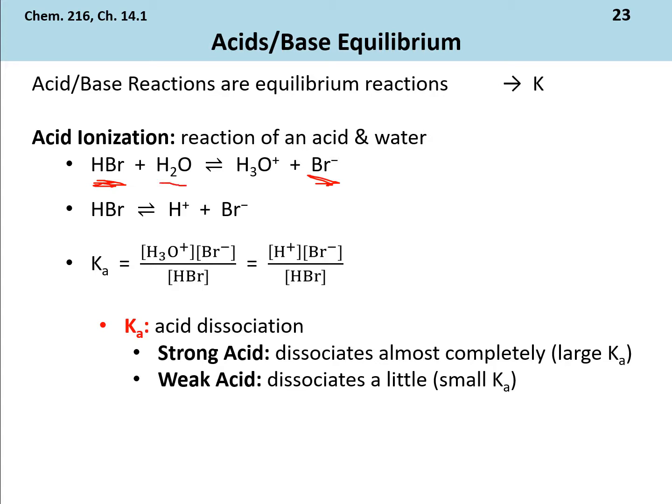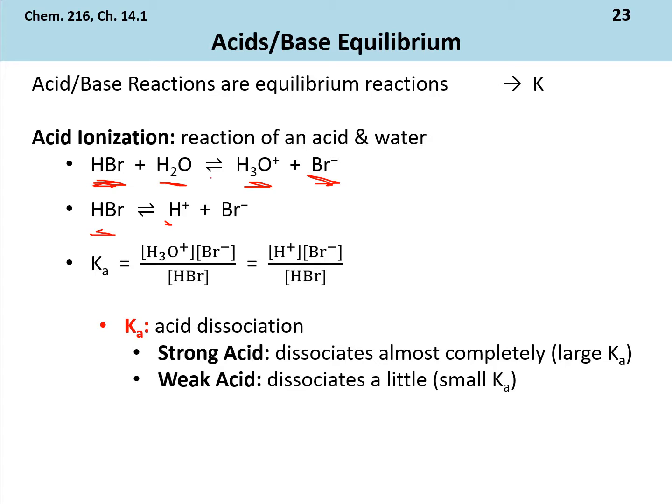We can have it reacting with water to form H3O+, or we can just write that it loses that H+. In reality, we know that this is H2O, and there's also H2O here. This is called acid ionization, which is the reaction of an acid and water.